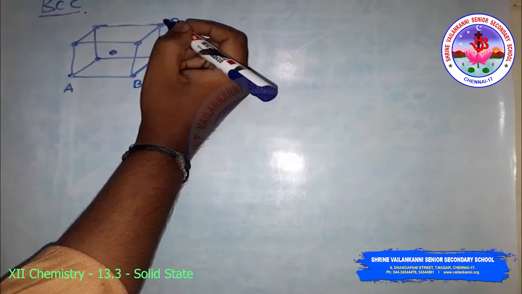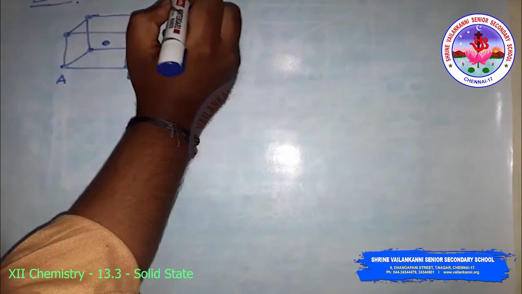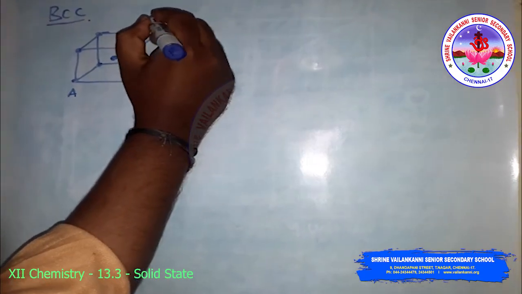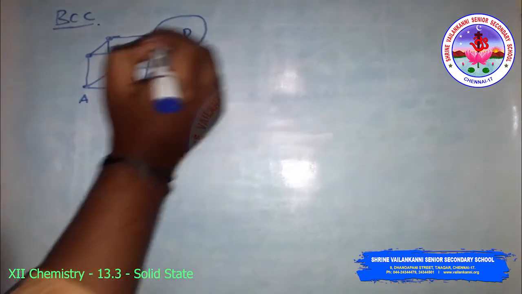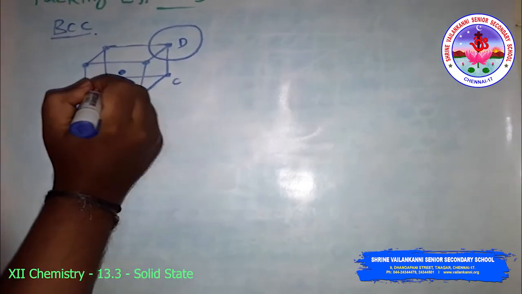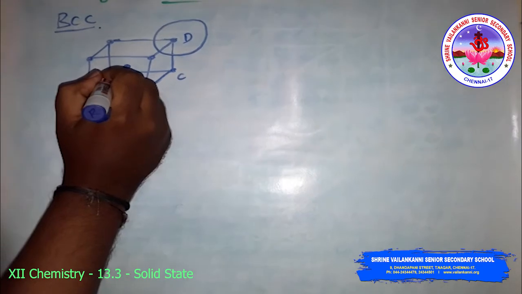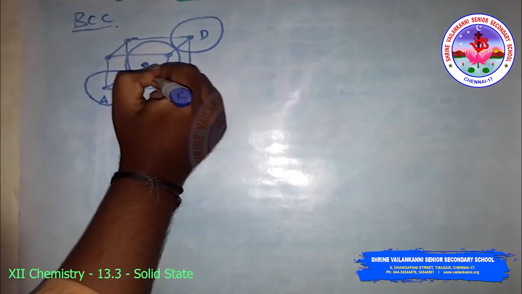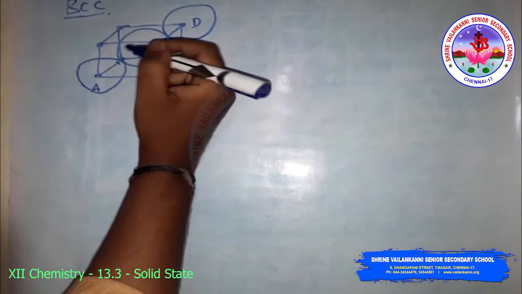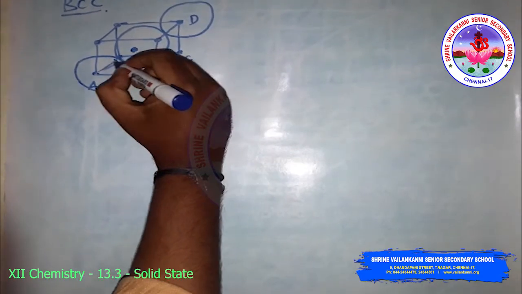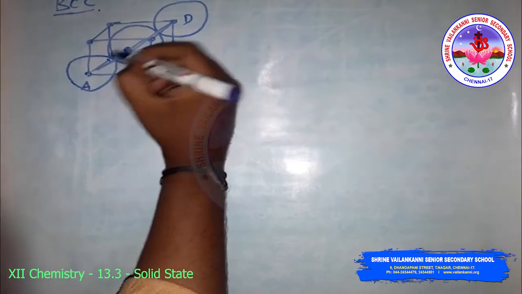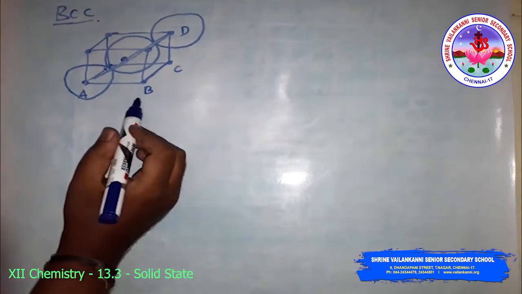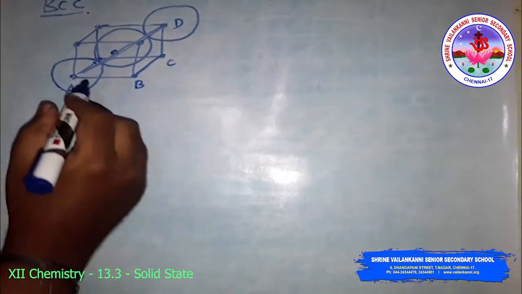Okay, now this is another one, and this is the center of the body. So you have to take this diagonal. Now A, B, C, D, take this angle.